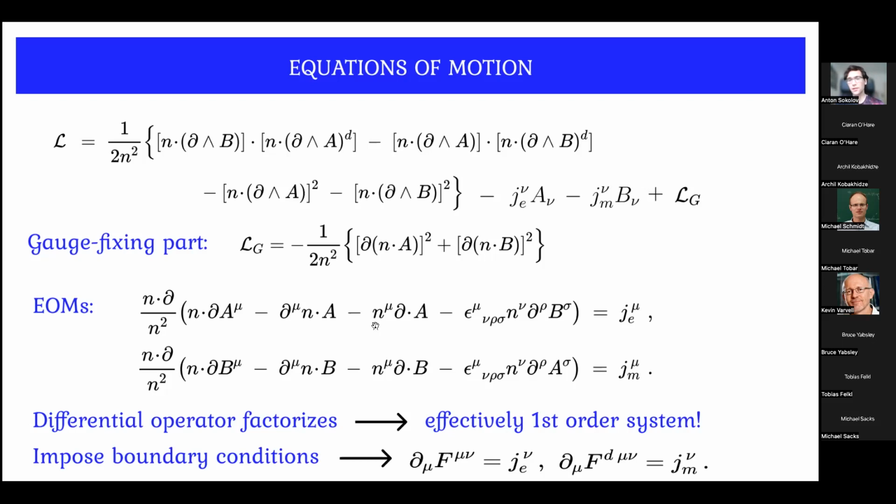So we double the number of variables, but we have 2 equations instead of 1. After we properly define this n times d inverse operator, or one can say we impose boundary conditions, we get just the normal Maxwell equations from these equations of motion.